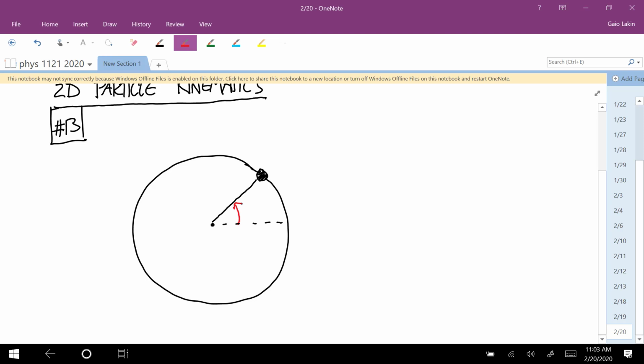Or maybe that's actually just showing what this theta is. The radius of this circular path is 5 millimeters.